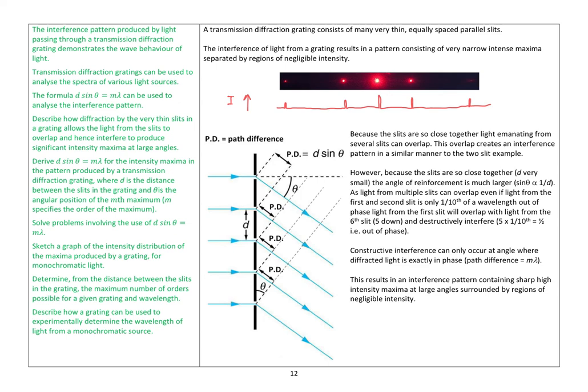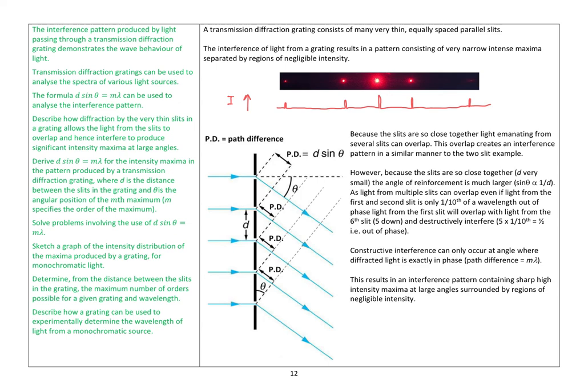If they were, say, 1/8 of a wavelength out of phase, that would be 1/8, 2/8, 3/8, 4/8. 4/8 is equal to a half. So the one from down here would destructively interfere with the one from here. They would cancel out and we would see destructive interference. It's only when this path difference is equal to exactly a whole number of wavelengths that we will see this constructive interference like we see here.